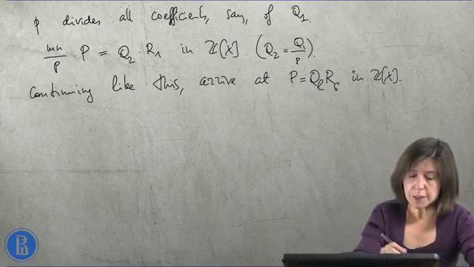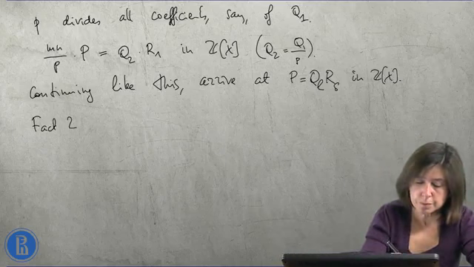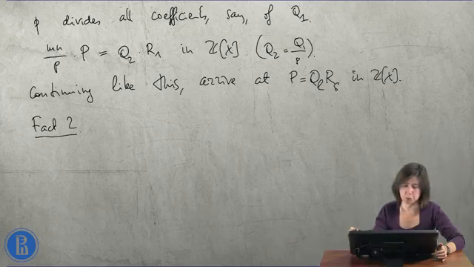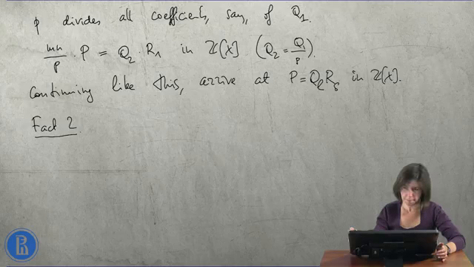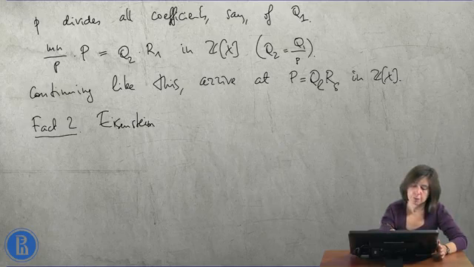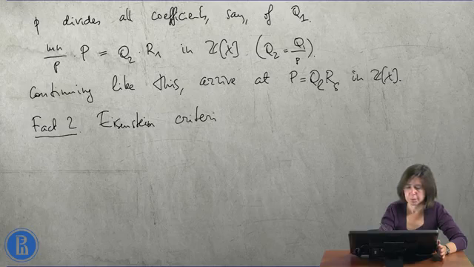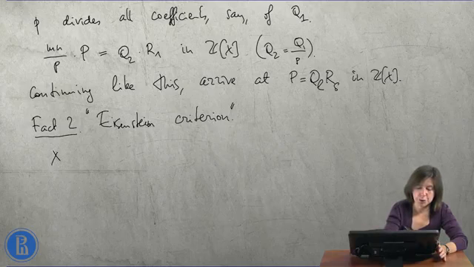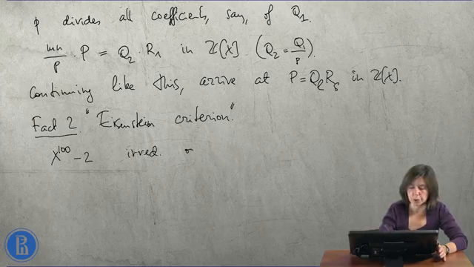Okay, and fact 2. Let me not prove it in full generality. Let me just show this on an example and then formulate maybe a general criterion. Fact 2 is Eisenstein criterion. Well, how to show that x to the power 100 minus 2 is irreducible over Z?